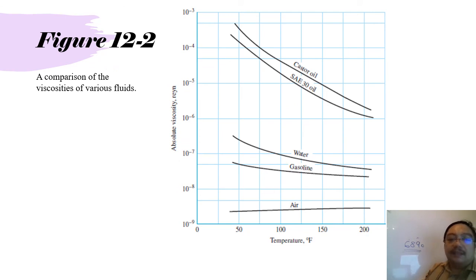And the last slide shows the comparison of viscosities in various fluids. You can see here water that we drink has low viscosity, and the air is low viscosity, then gasoline, the water, the castor oil, SAE oil.